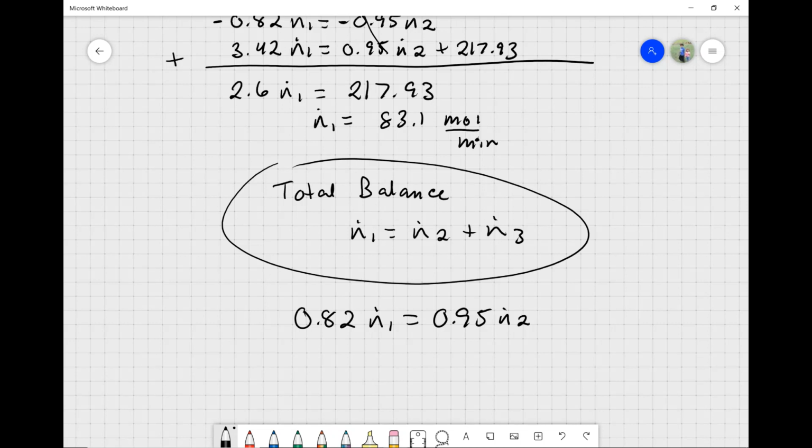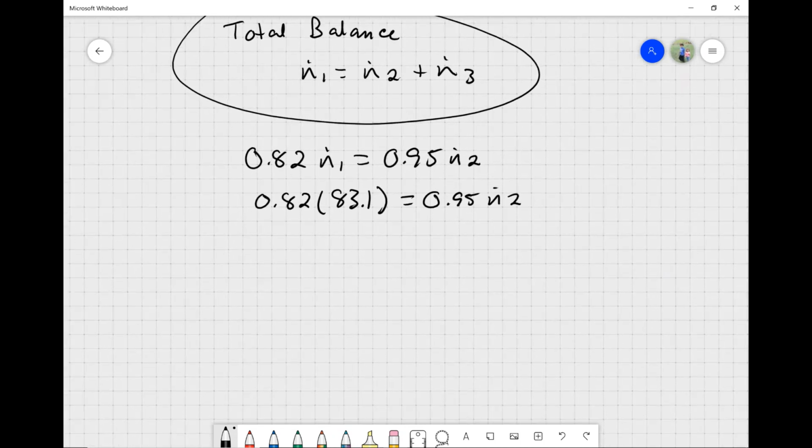And N1 times 83.1 equals 0.95 N2. So N2 is 71.73.